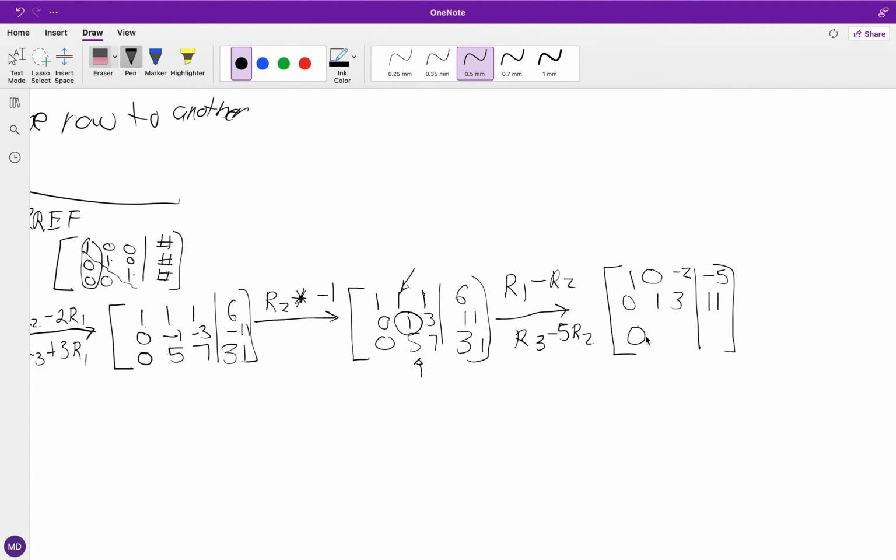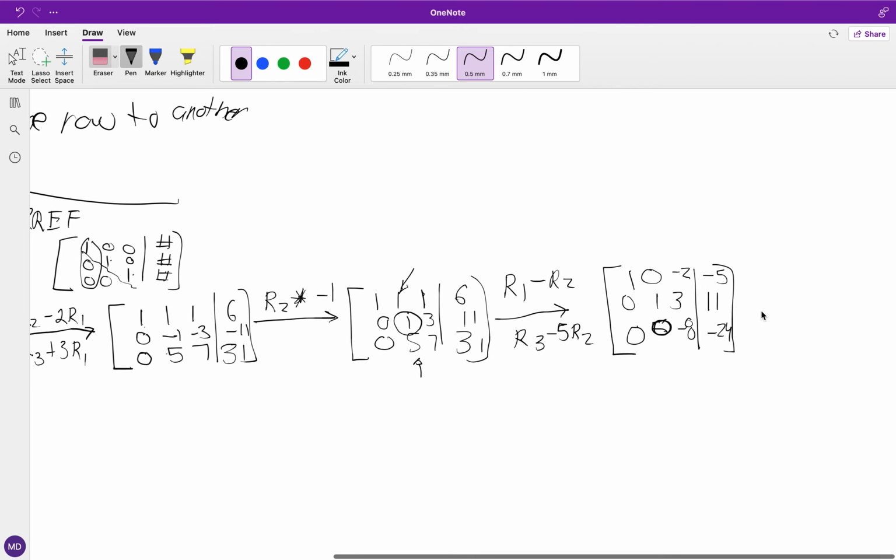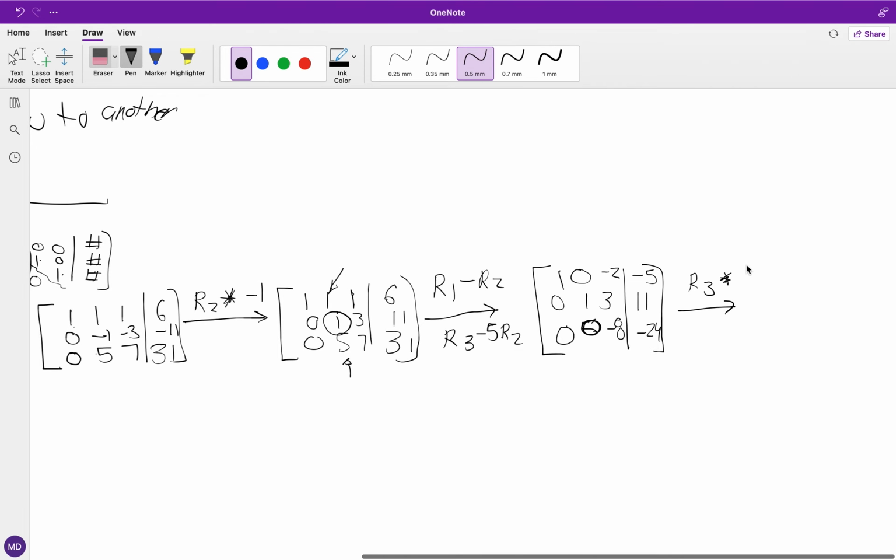This is a 0, 5 minus 5 is 0, 7 minus 15, this will be negative 8, and this will be 31 minus 55, which is minus 24. Okay, perfect.